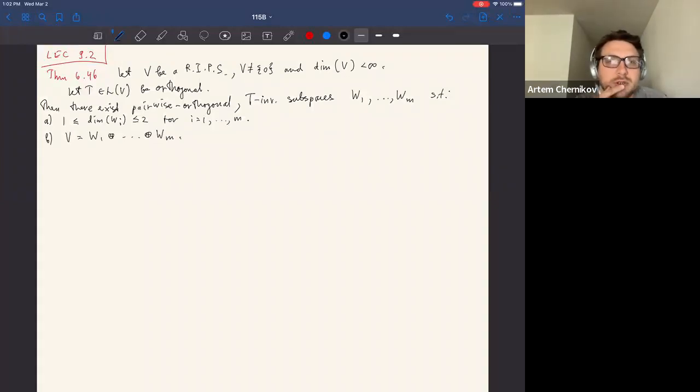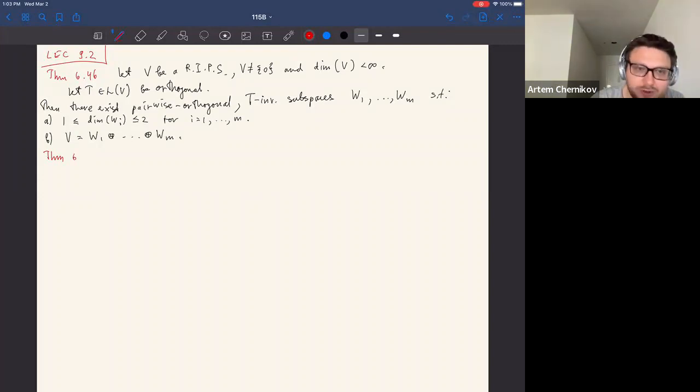So this is the first result that we have proved, the decomposition of V into a direct sum of pairwise orthogonal invariant subspaces, all of dimension 1 or 2. Then we used earlier results about orthogonal operators on inner product spaces of dimension 1 or 2 to further deduce additional information about this decomposition and about how the restriction of T behaves on each of the W's.